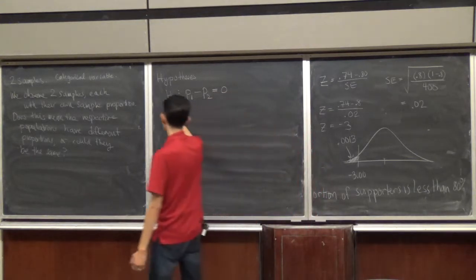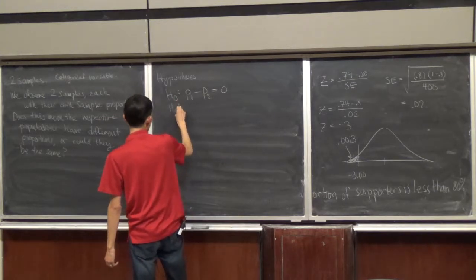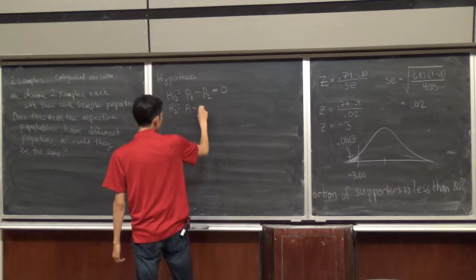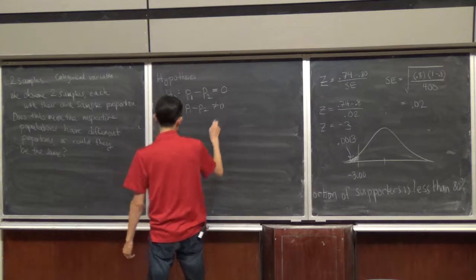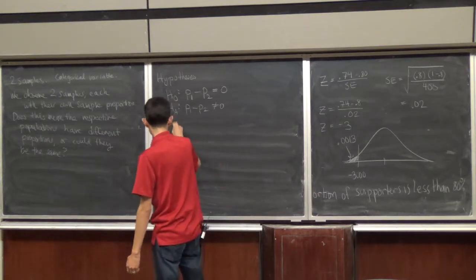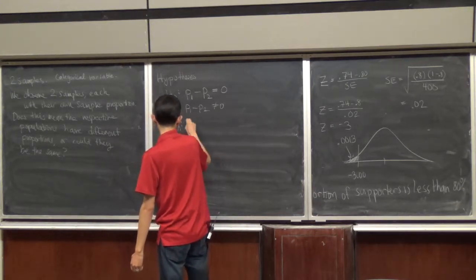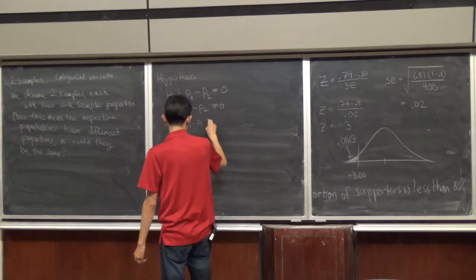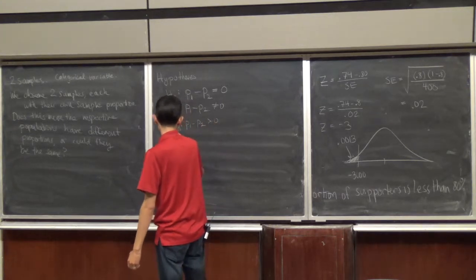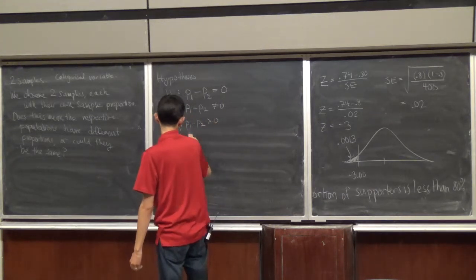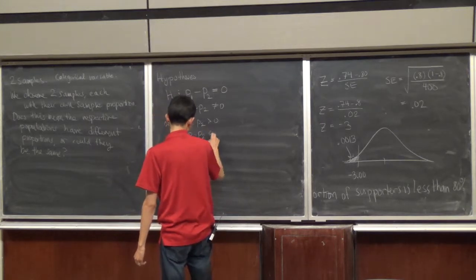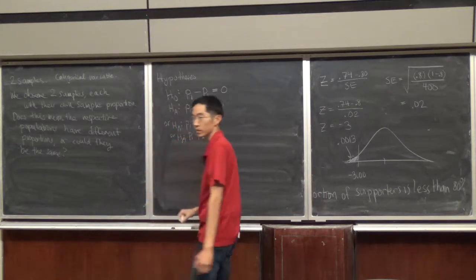And then the alternative hypothesis is that P1 minus P2 doesn't equal 0. Or you could have P1 minus P2 is greater than 0, or P1 minus P2 is less than 0. Okay?